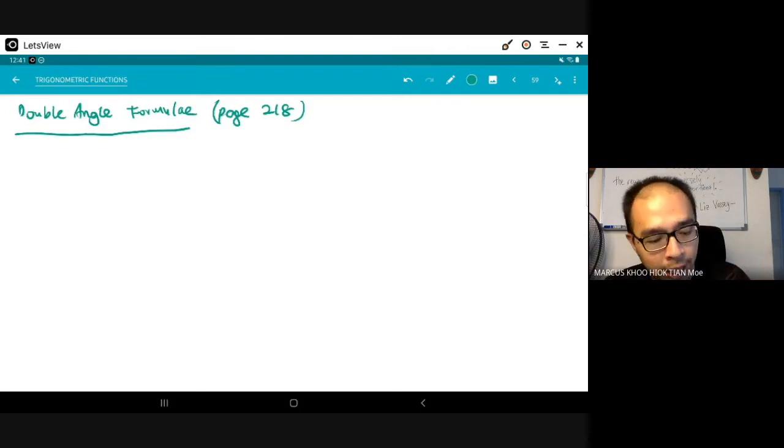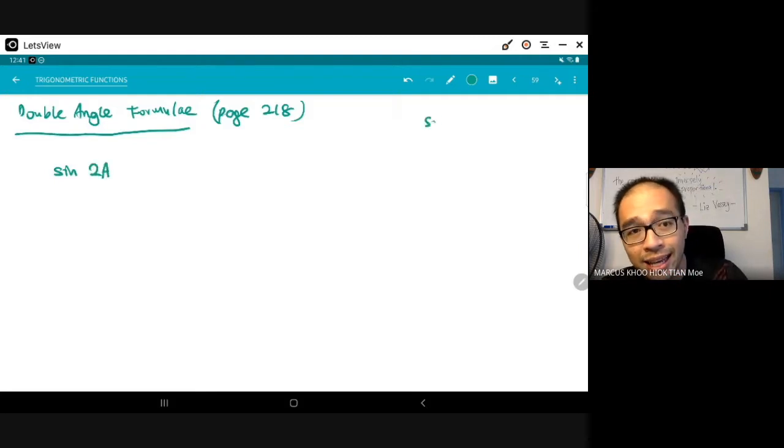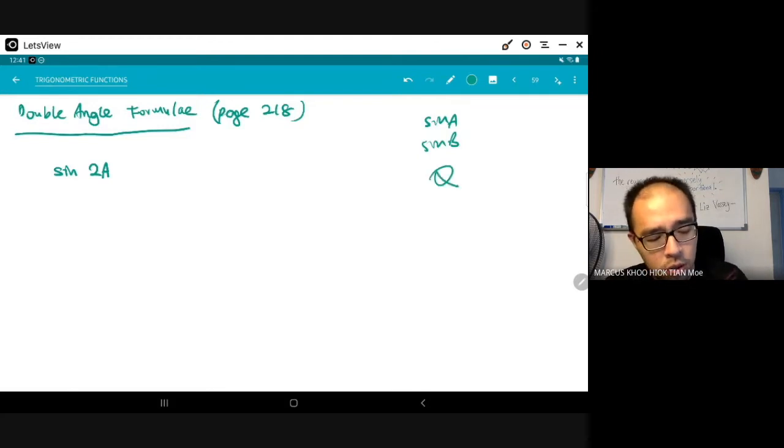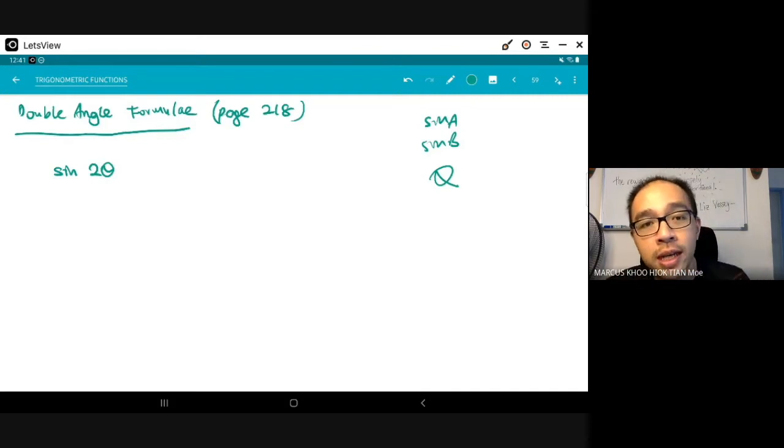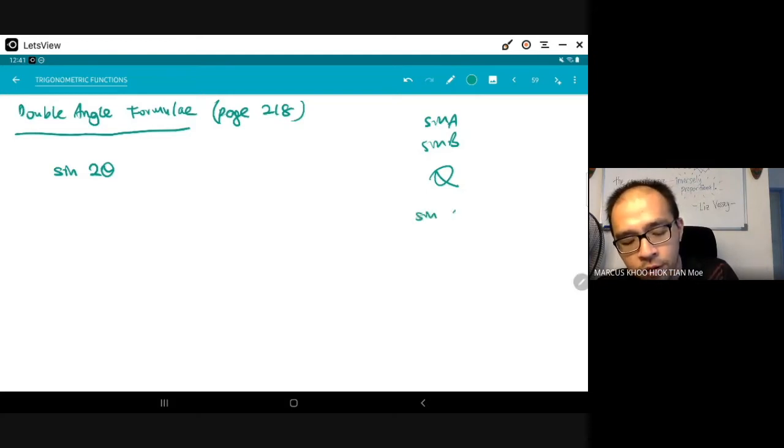So the first double angle is sine 2A. We are used to sine A, sine B, sine theta, so I'm going to change the A to theta, just for fun. So sine 2 theta. For example, the value of sine 40, if I multiply by 2, it will be sine 80, 2 times 40.